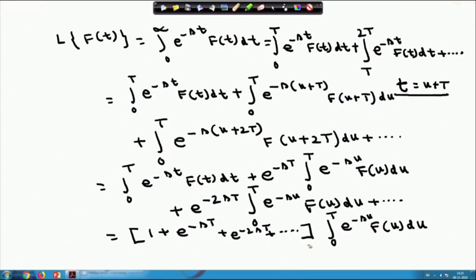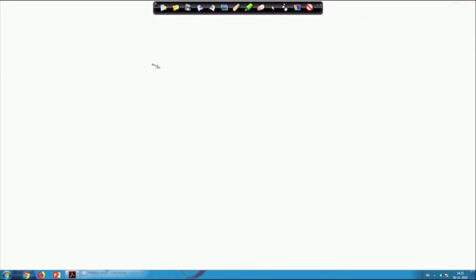Once I get this series, I can write it as 1 by 1 minus e power minus sT. So in simple way, the integral is 1 by 1 minus e power minus sT into 0 to T e power minus su into f(u) du.